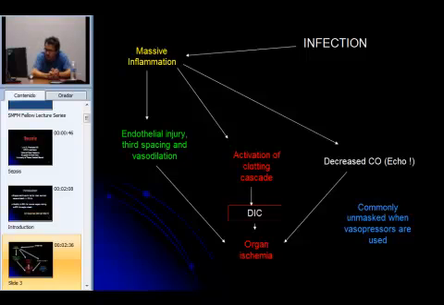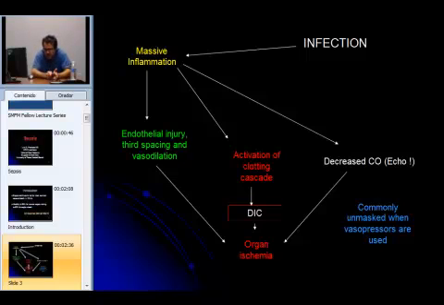is going to be followed by platelets adhering to the injured vessels. And one thing that you all need to understand is that when you have inflammation, invariably you're going to have activation of the clotting cascade.